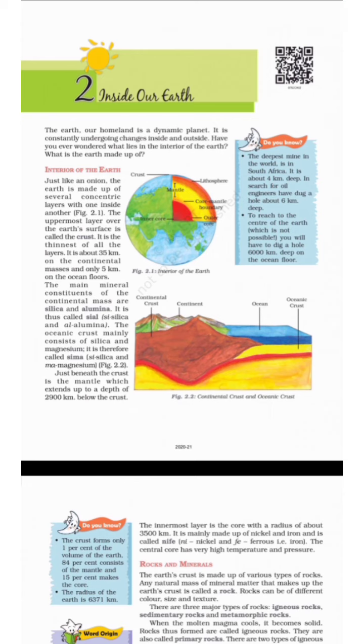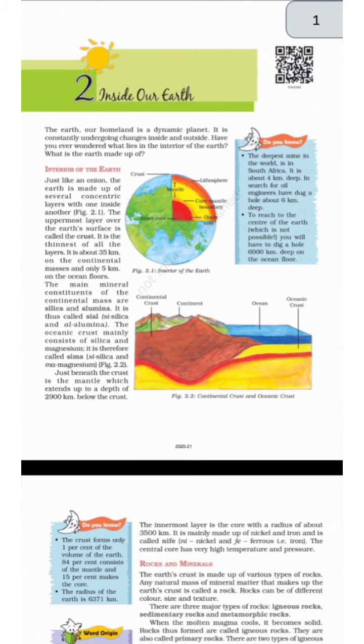To reach the center part of the Earth, we have to dig a hole of 6000 kilometers. That is not possible to reach. The depth of the center part of the Earth is 6000 kilometers.